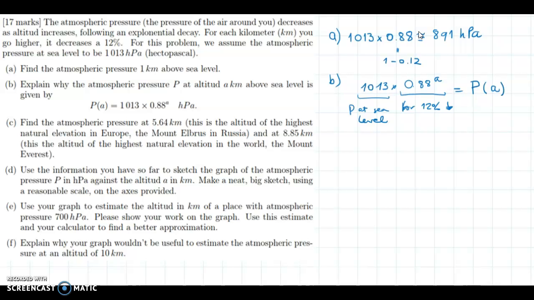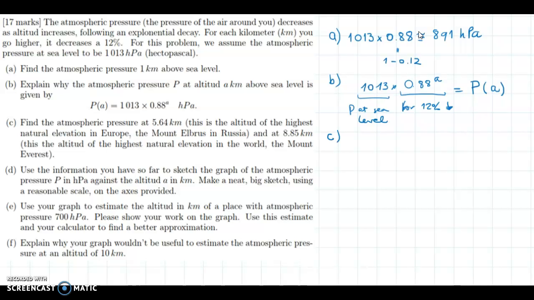So those are the two key points that you need to write to explain it: that the 1013 is given by the pressure at sea level, and the 0.88 is a multiplier for a 12% decrease, and to the power of A because A is the altitude. That's all you need to explain, and it's fine if you use words to explain that.